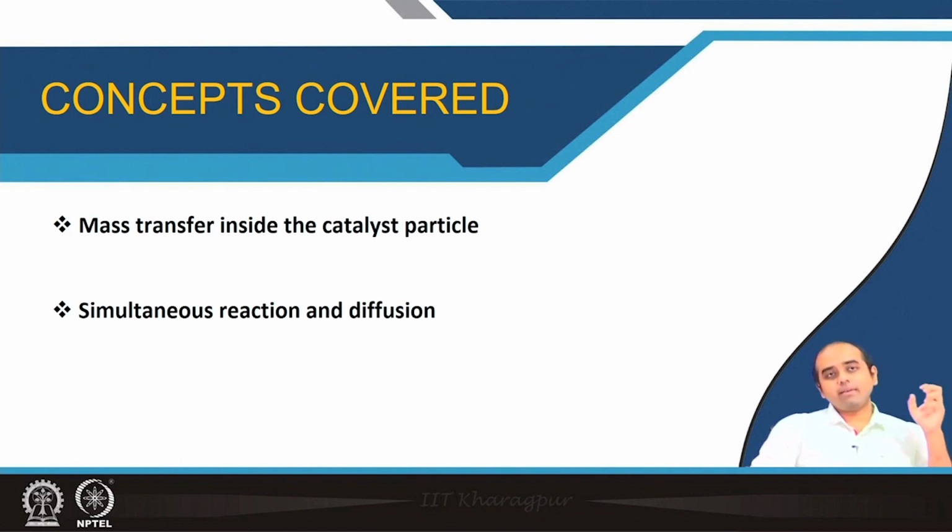Let us say you have a spherical catalyst, and we say that the particle is extremely porous and the reaction happens almost homogeneously inside the particle. Please do not get me wrong here: when I say homogeneous, I mean that inside the particle we do not consider any pore level effects.